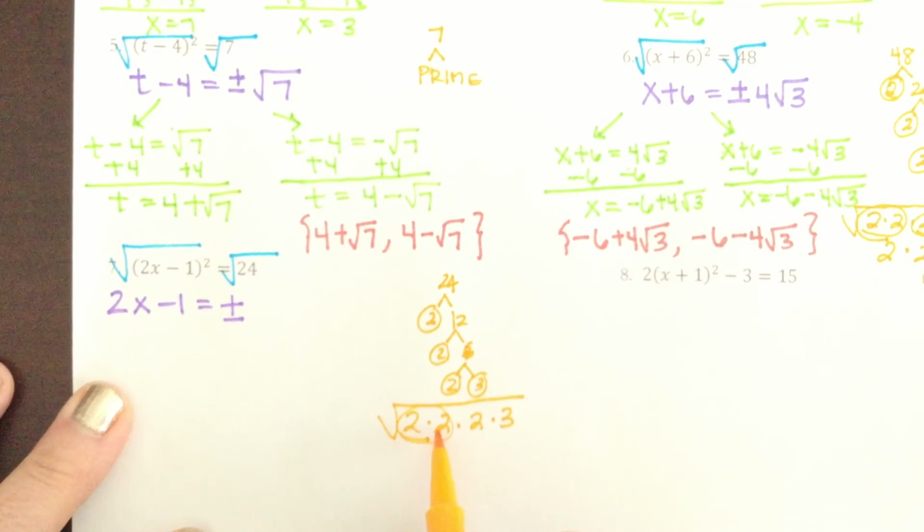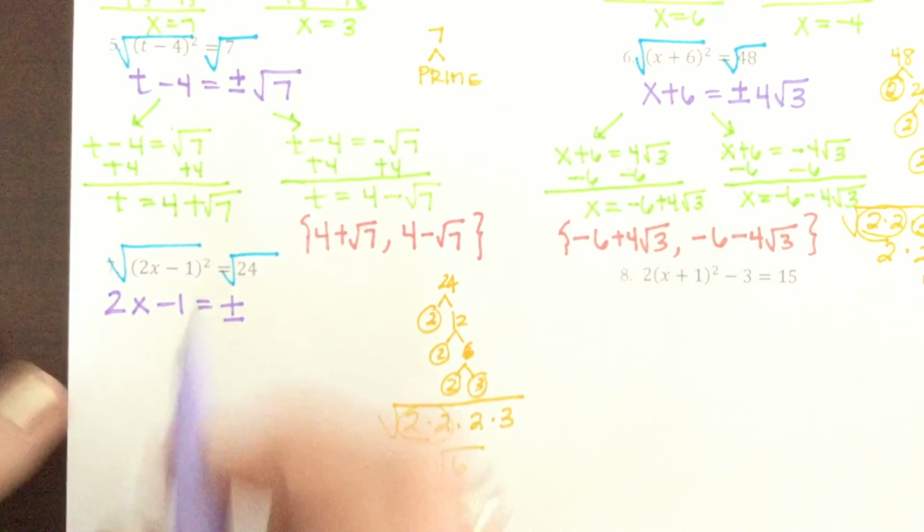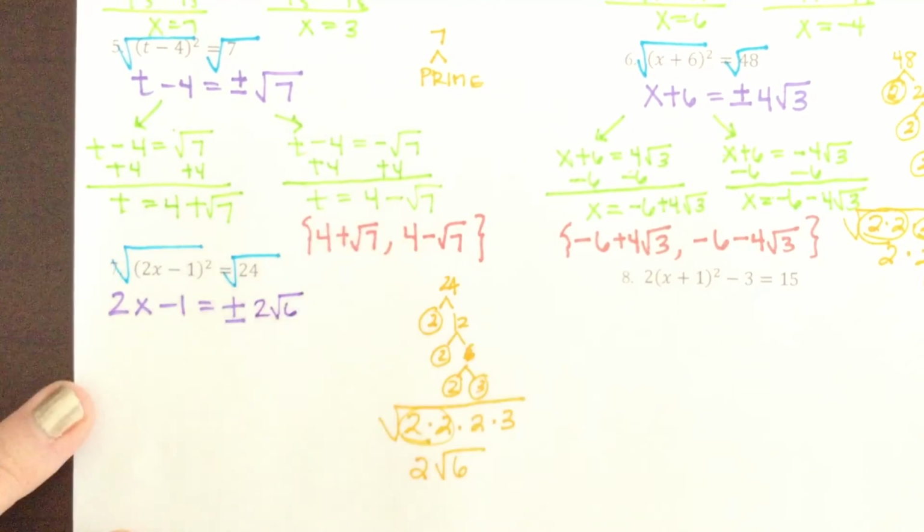So 2 times 2 is 4, but we're taking the square root of that. So the square root of 4 is 2. And then underneath the radical, these don't have pairs. Also, 2 times 3 is 6, which is not a perfect square, so we're going to leave the 6 inside. So this becomes plus or minus 2 square roots of 6.